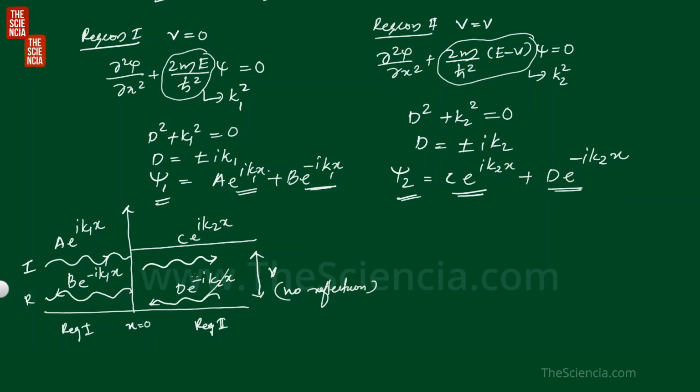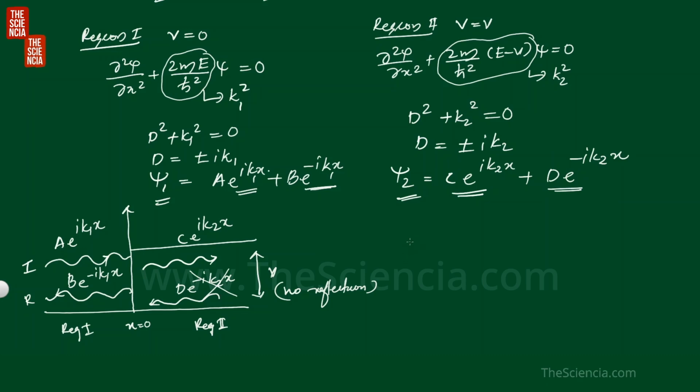Therefore, this wave will not exist. We get some mathematical solutions, but a mathematical solution will not always represent physical reality. In physical reality there will not be any reflection, so D is equal to 0.